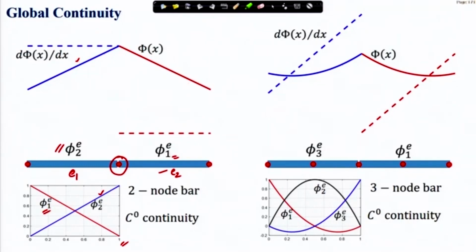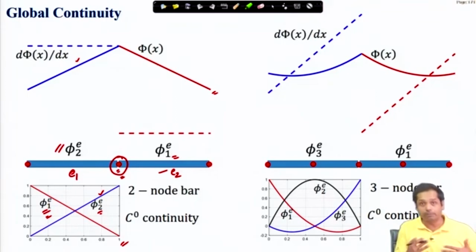So at this node, if we look at E1, the shape function corresponding to this node is phi 2, and if we look at E2, the shape function corresponding to the common node is phi 1. So if we take the contribution from both elements E1 and E2, the global shape function associated with this common node looks like this.